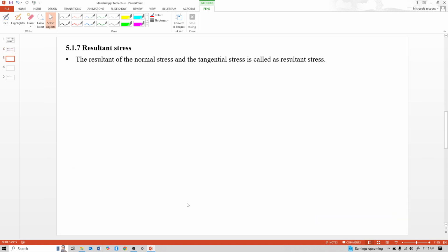Next is resultant stress. The resultant of the normal stress and the tangential stress is called resultant stress.